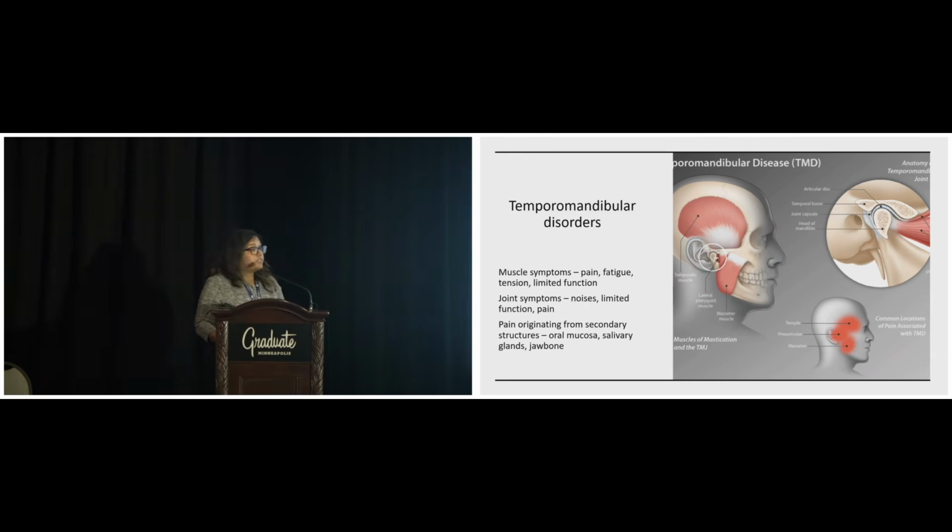Temporomandibular structures include masticatory and cervical musculature, temporomandibular joints, and associated structures like the salivary glands, intraoral mucosa, and jawbone, and pain arising from these structures is often seen in our clinical setting. Patients can have multiple different types of symptoms.